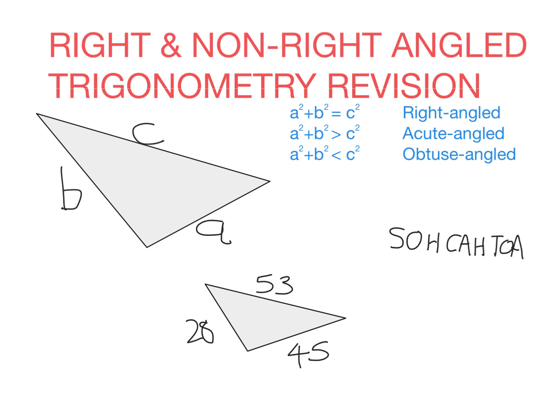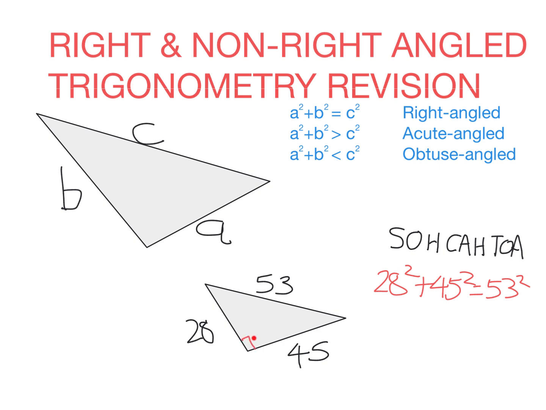So for example, if we've got a triangle like this and we want to determine if it is right, acute, or obtuse angled, we just look at A squared plus B squared and compare to C squared. So we can easily see on our calculator that 28 squared plus 45 squared does in fact equal 53 squared. So because A squared plus B squared equals C squared, this triangle here is right angled.